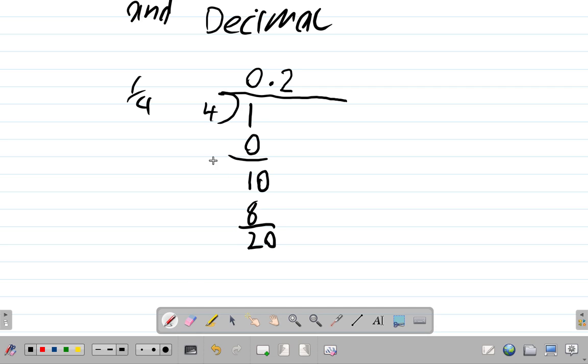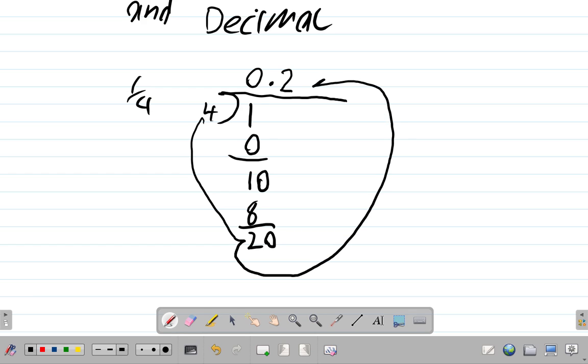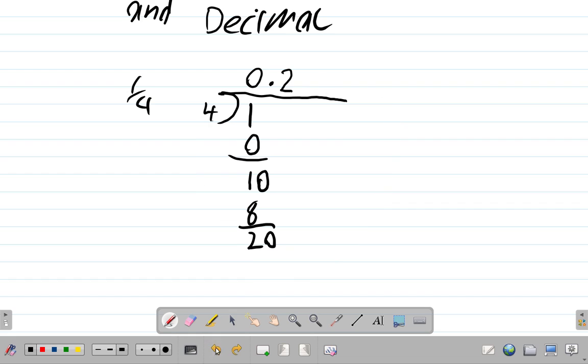Then after that, you remember your long division. 4 into 20 was 5. Put the 5 right here. 5 times 4 is 20. Add that 20 right here. 5 4s are 20.